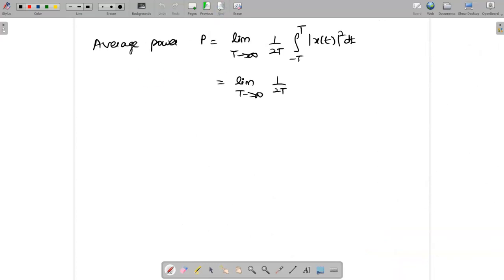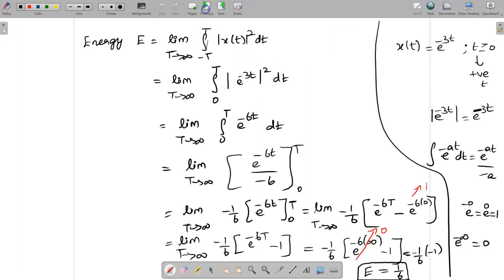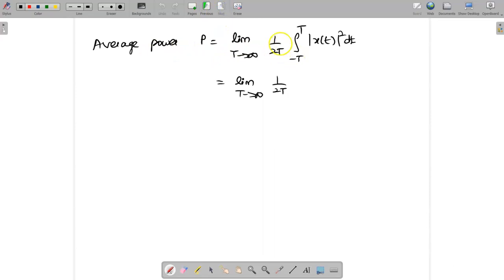And now we have to find out average power P. Average power P formula is limit T tends to infinity 1 by 2T integral from minus T to T of modulus of x of t the whole square dt. When you compare the energy formula and the power formula, you have additionally only one term, that is 1 by 2T.